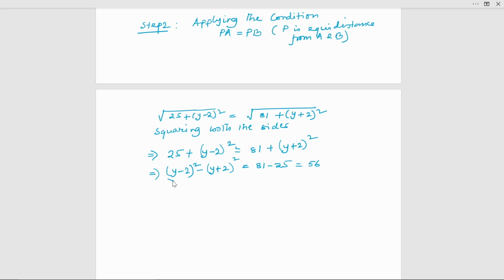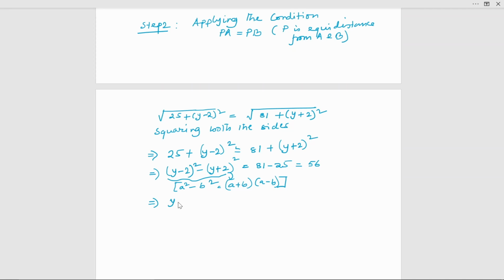And the expression on the left hand side, if we remember, takes the form of a square minus b square. So what is the formula of a square minus b square, which is basically (a plus b) into (a minus b). So we will apply this formula over here.